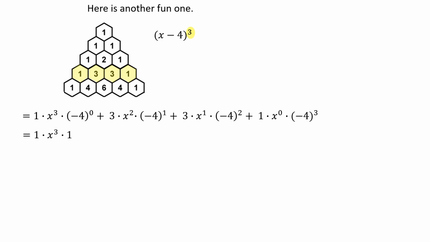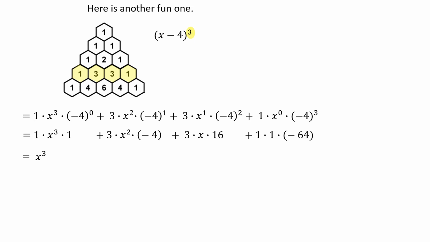Of course, anytime the exponent is 0, we're looking at the number 1. Negative 4 to the 1st is negative 4. Negative 4 squared becomes a positive 16. Negative 4 to the 3rd is negative 64.